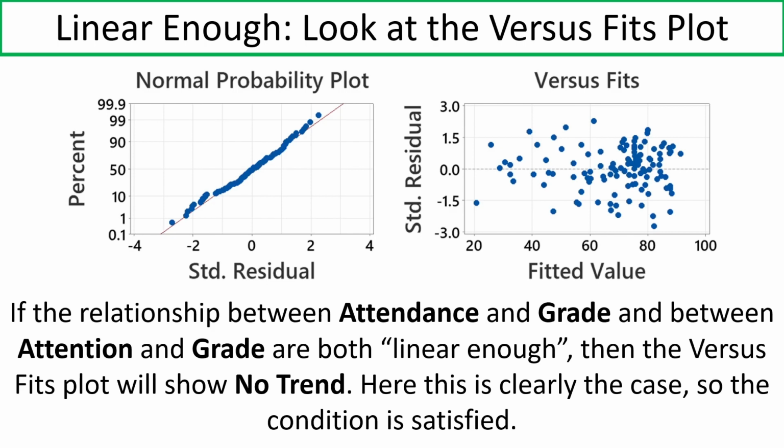Here, this is clearly the case. There's no trend noticeable in this plot of the residuals. In other words, if you were to fit a linear equation through this data cloud, the slope of the line of best fit would be very close to 0. So this condition is satisfied.